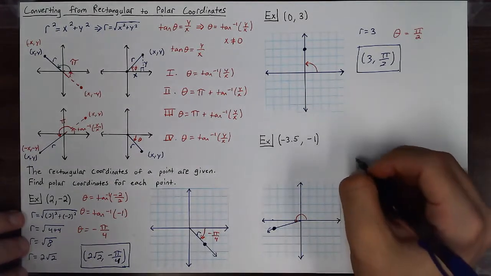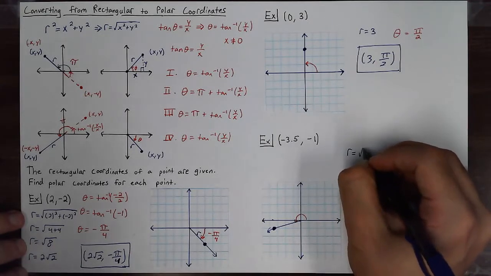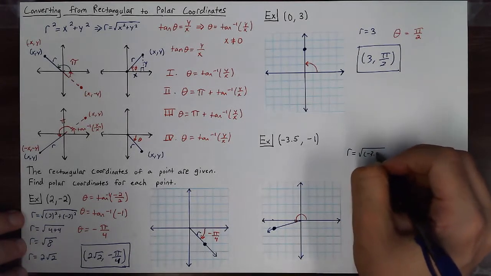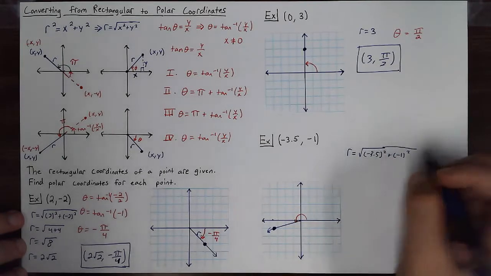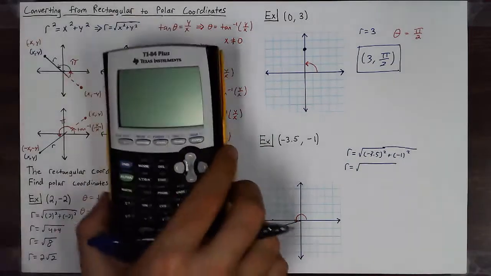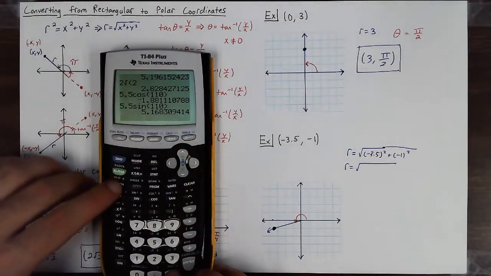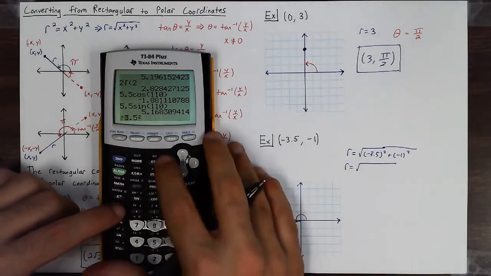So I'm going to first find the radius, which will equal the square root of negative 3.5 squared plus negative 1 squared. Oops, forgot to put that in parentheses.